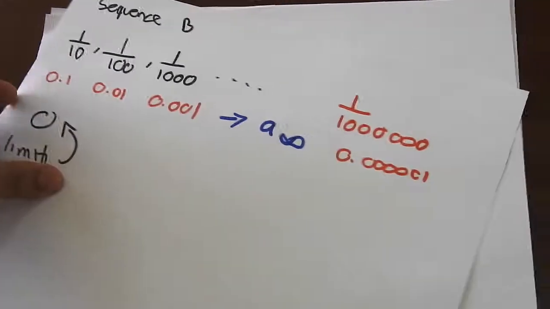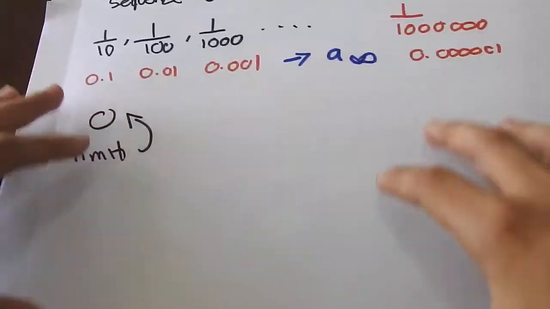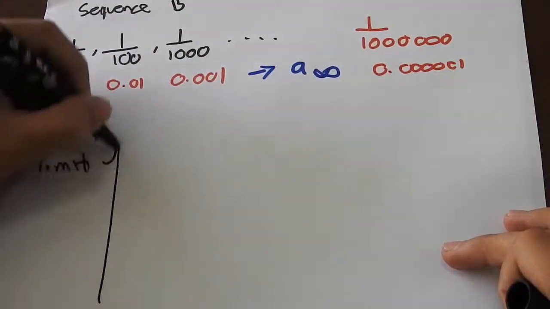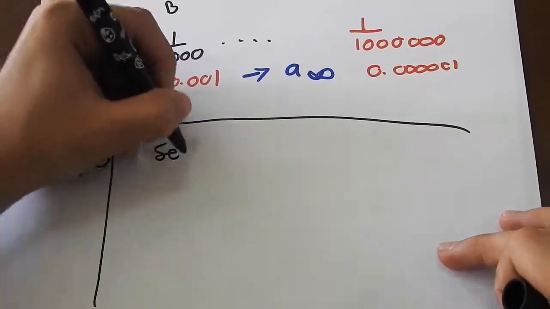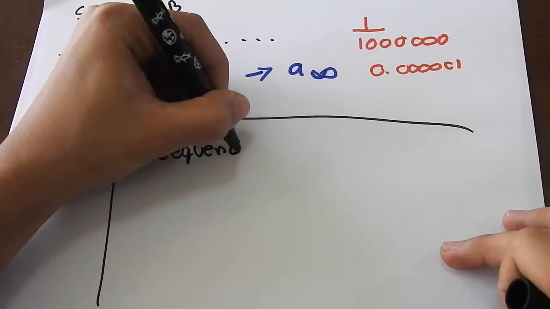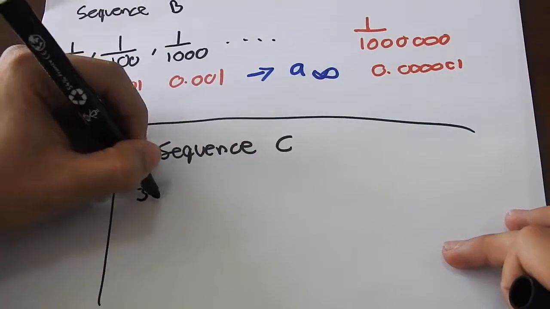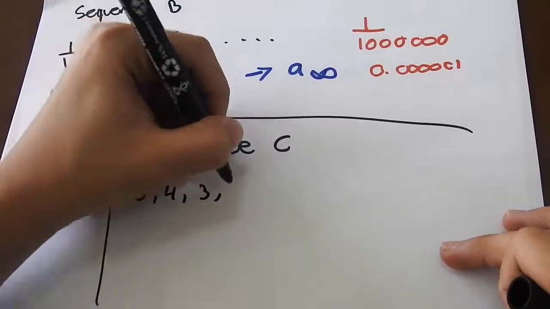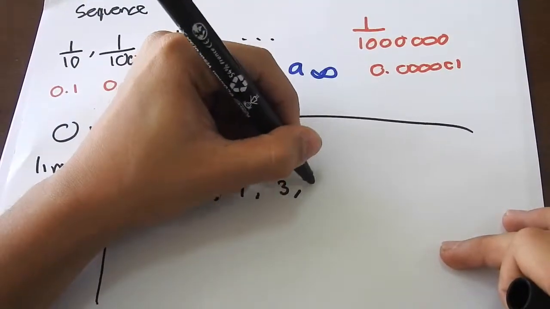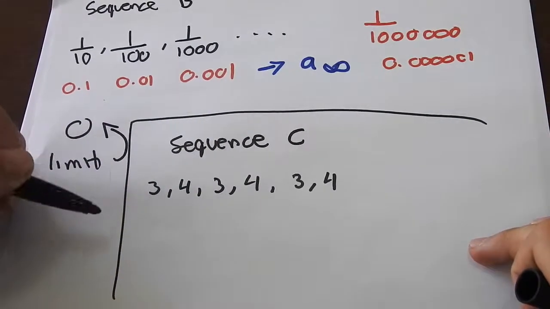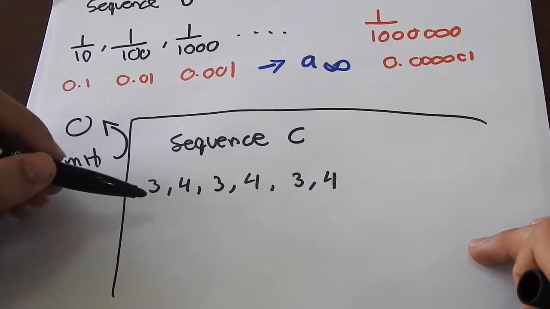Now we have a sequence C, which is 3, 4, 3, 4, 3, 4. We have this sequence, and as you can see, there's not much change.